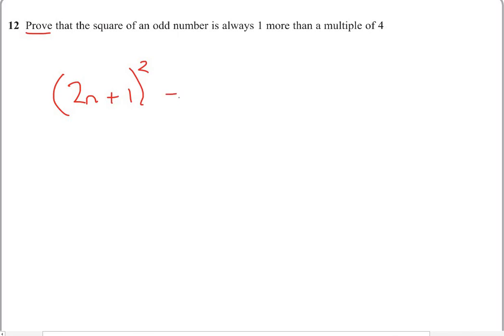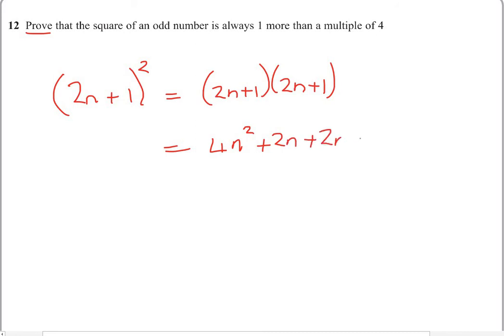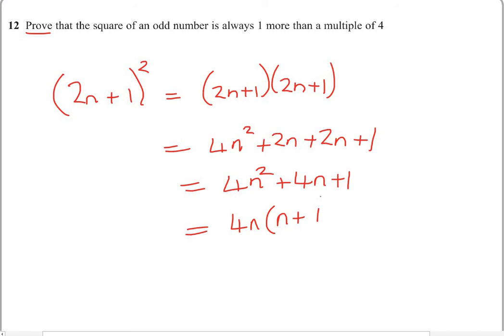So, we can expand this normally, as so. So this is going to be 4n squared plus 2n plus 2n plus 1. Simplify this a little bit: 4n squared plus 4n plus 1. Now we can factorize anything with a 4 in it. In fact, we can take out a 4n to leave 4n on the outside, n plus 1.